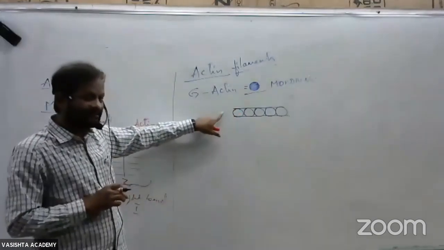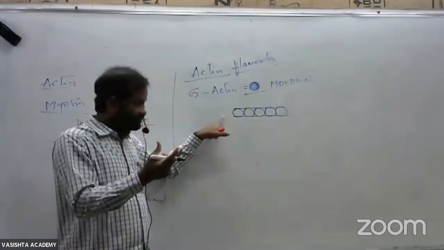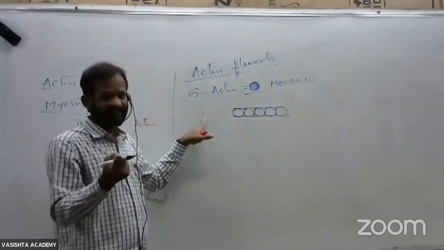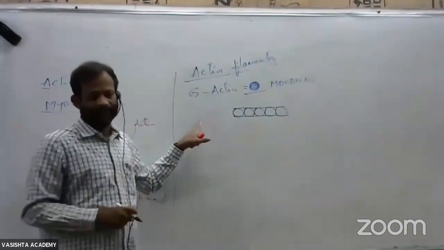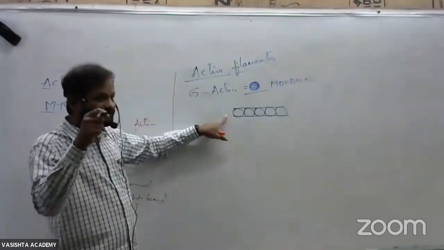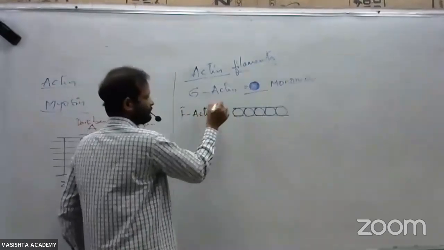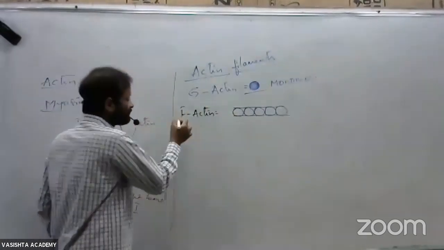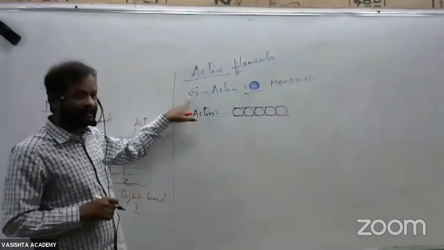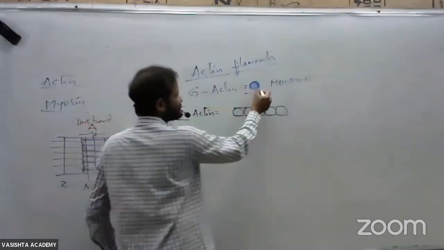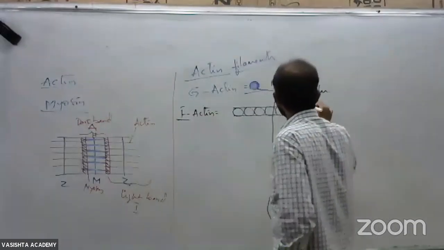So like this here, if 1,000 or 2,000 G-actins attach with each other, at that time, one long filament will form. That polymer of G-actins is called F-actin. What is the full form of this F? Filamentous. What is the full form of G? Globular. So this is globular structure. This is filamentous structure.